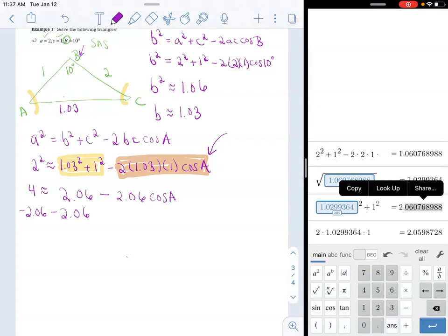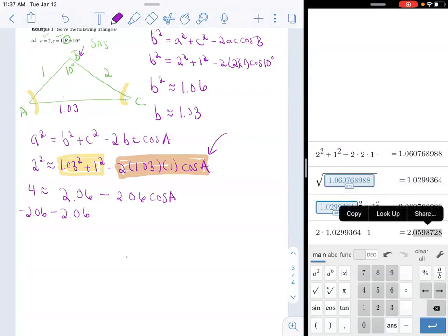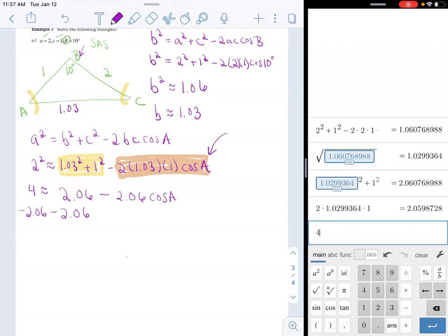That's 2.06, and that one's also 2.06, but they're different values, right? So just make sure you put in the right one. Remember, we got this 2.06 from 1.03 squared plus 1 squared. So that's why it's 2.060768.